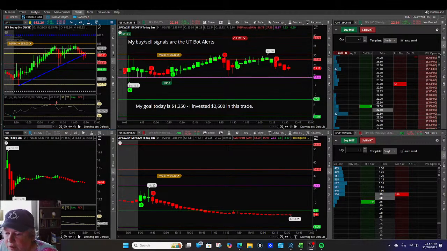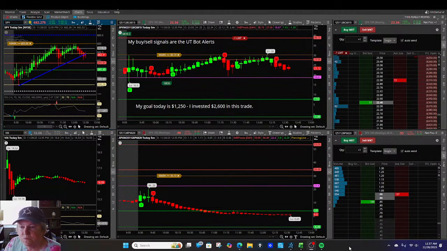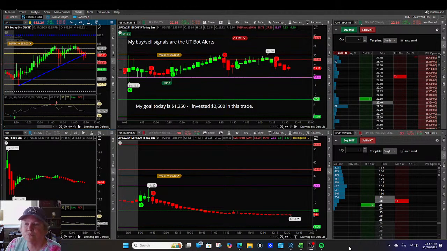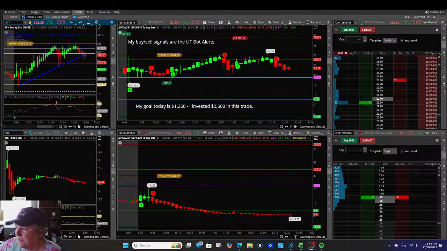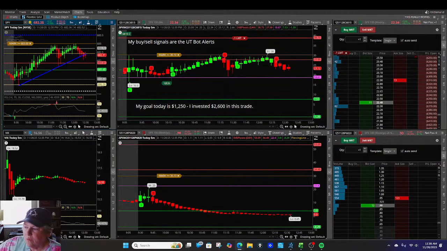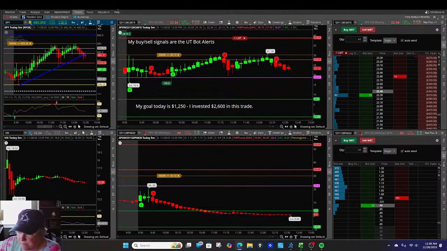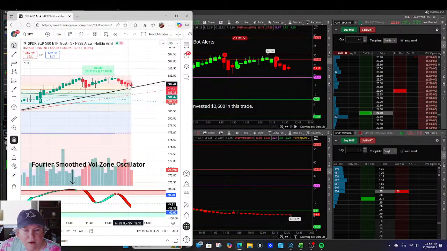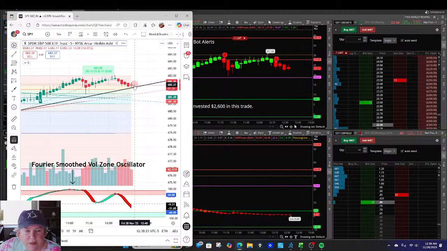Right now we are minus 360. But it's bouncing off the trend line. Let me put that back up there. Nice bounce here. The next candle should be green. So, I wonder if I can change this.